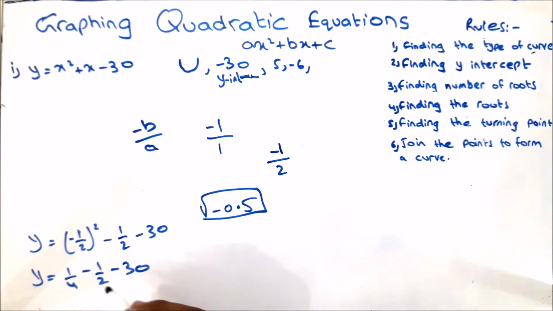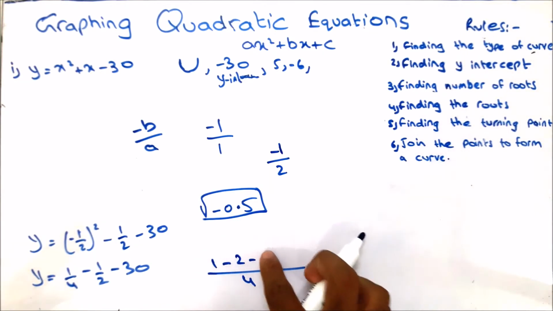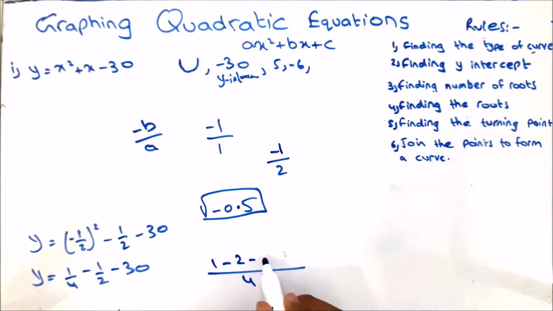Okay, we take 4 as a common denominator, and we have 4 over here, and 1 minus, we multiply 1 with 2, and then we get 2, and minus 30 will be multiplied by 4.